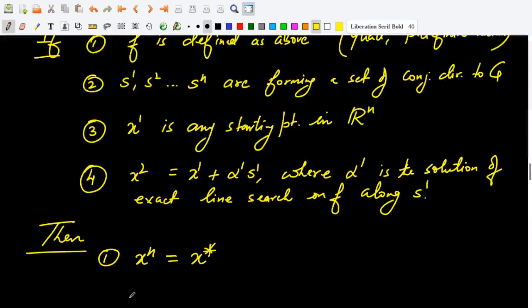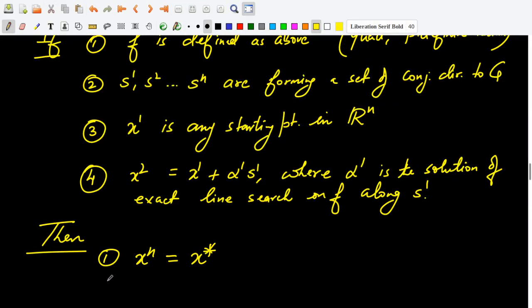So that means I will be hitting the optimal solution, and nowhere I am inverting G. All I'm saying is, suppose magically somebody gave us all these conjugate directions with respect to G, so G inverse is somehow implicit in these conjugate directions.